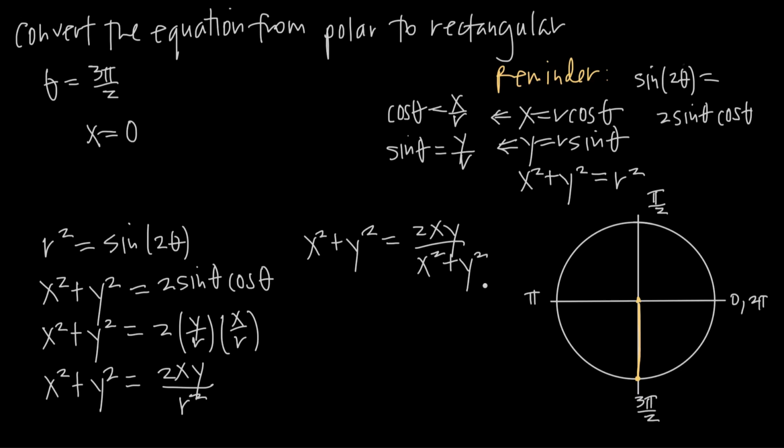Then if we multiply both sides by x squared plus y squared to simplify, on the left-hand side we'll end up with x squared plus y squared quantity squared, because we now have two factors of it, is equal to 2xy. So this equation here is completely in terms of rectangular coordinates. It's just x and y, but this is exactly the same equation as r squared equals sine of 2 theta given in terms of polar coordinates.